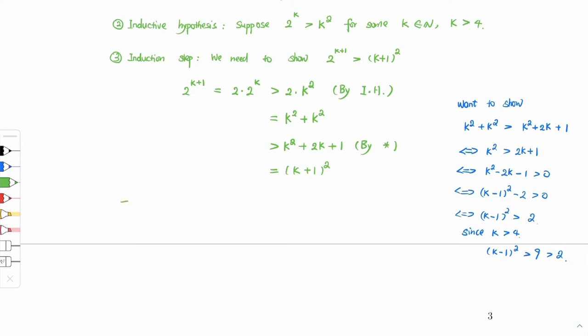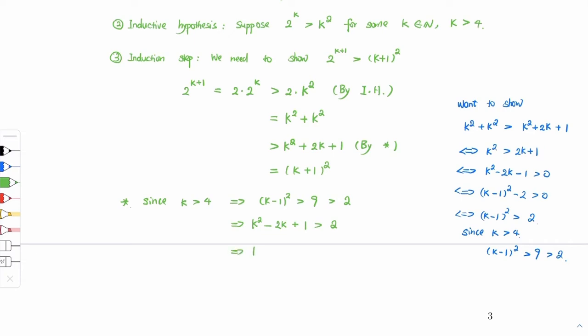So my star is just this in backwards. Okay, so I'm going to start with: since k is greater than 4, we know that k minus 1 squared is greater than 9, which is greater than 2. Okay, so that means that k squared minus 2k plus 1 is greater than 2.